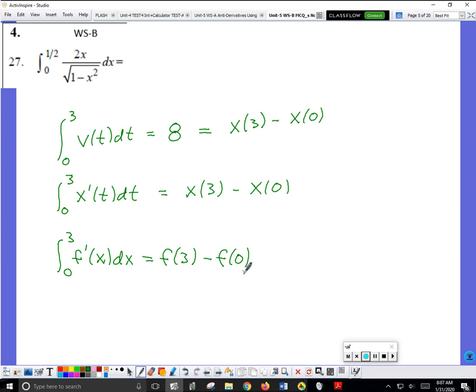Pretty good? Okay. Because I can write the theorem like this, this provides a way to evaluate an integral without your calculator, or without a Riemann sum, or without approximating. This provides the way to calculate the integral perfectly, with no error whatsoever.